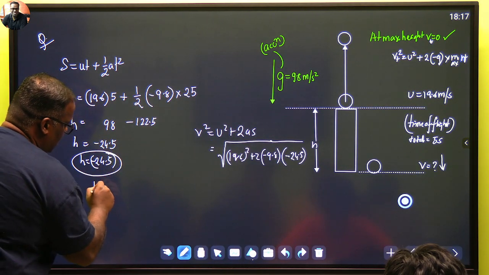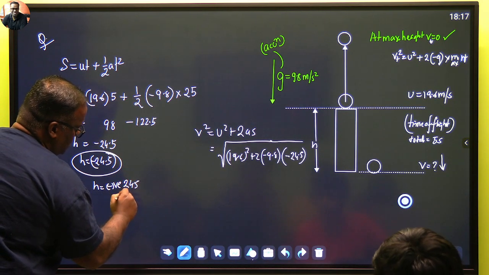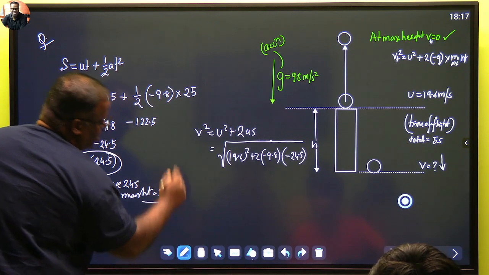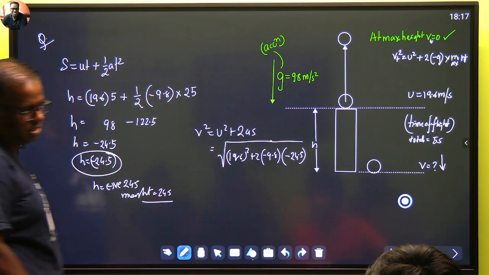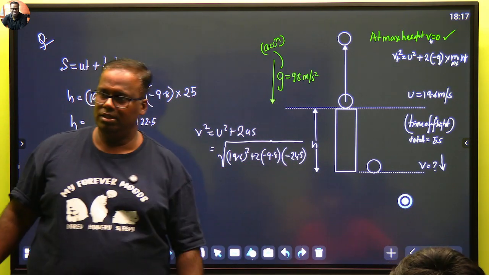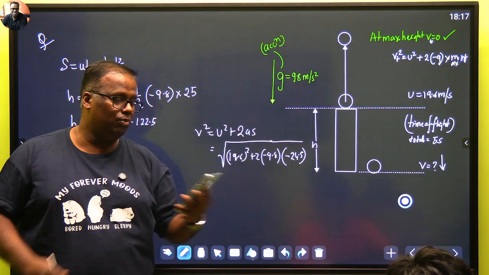You say h is equal to negative 24.5, means height is equal to 24.5. h is displacement downwards, so it is negative, that is correct. So here we have taken negative for the value of h. You'll go with h as negative only. So let's solve this.